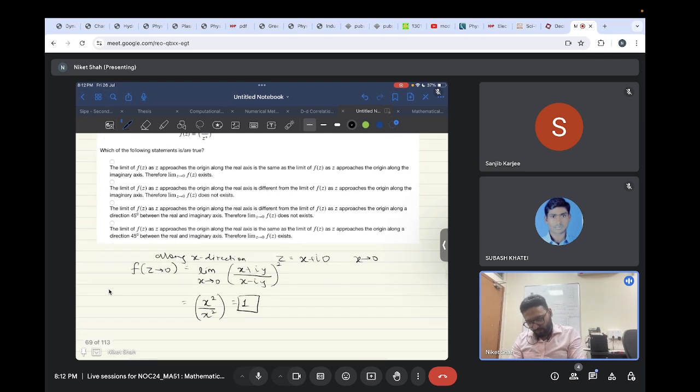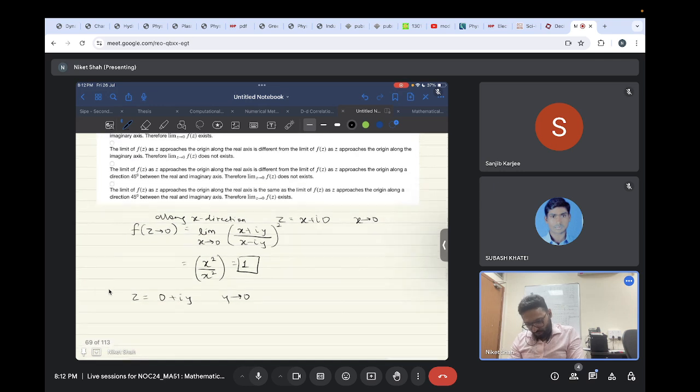Now I'll do the same thing along the y direction. I'll take z equal to 0 plus iy, where y tends to 0. So f of z becomes (x plus iy) divided by (x minus iy) the whole square, which is equal to, with x becoming 0, (iy) the whole square divided by (minus iy) the whole square.